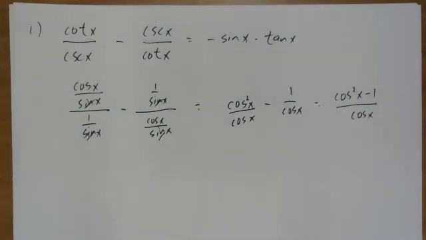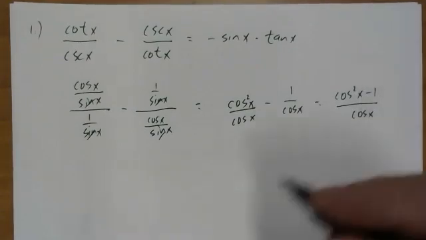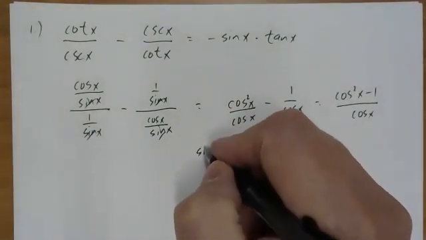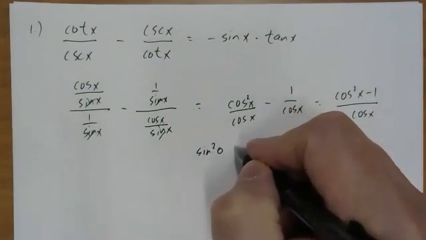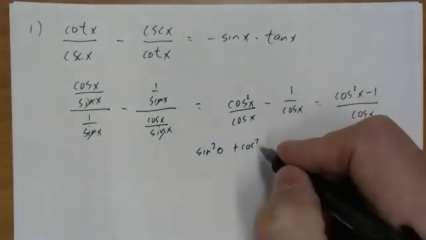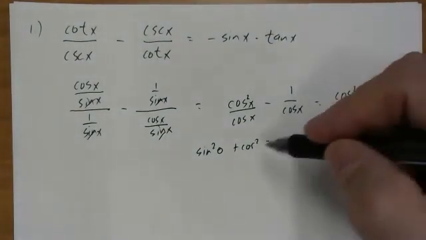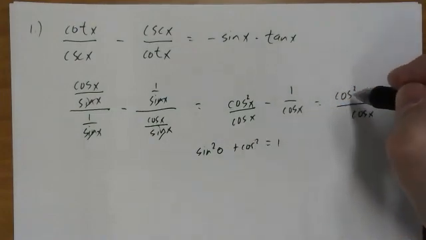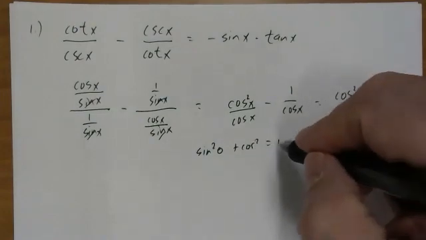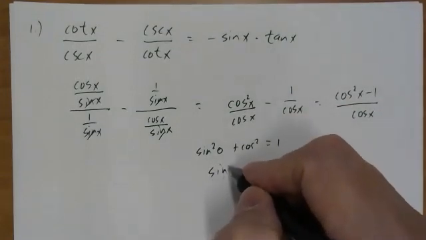Now, one of the most commonly used identities, I'm going to use it right here for this numerator. The one that you use more than any other is sine squared plus cosine squared equals 1. What I'm going to do is rearrange this and have cosine squared minus 1. So I'm going to subtract 1 from both sides.